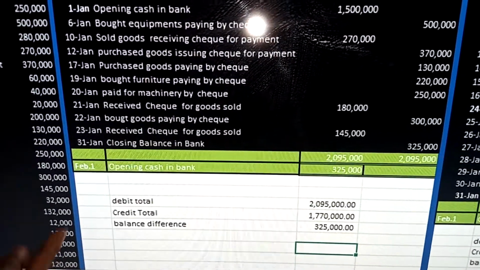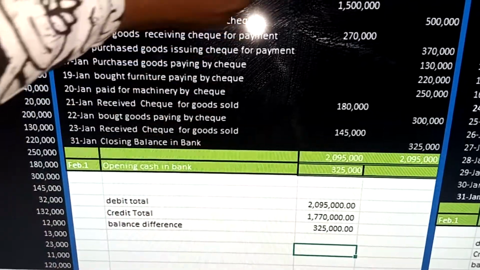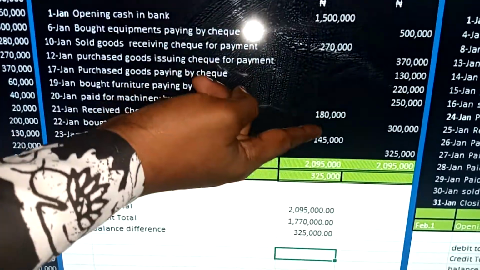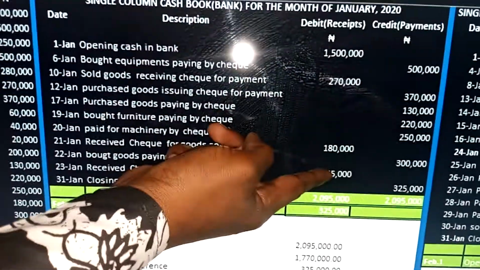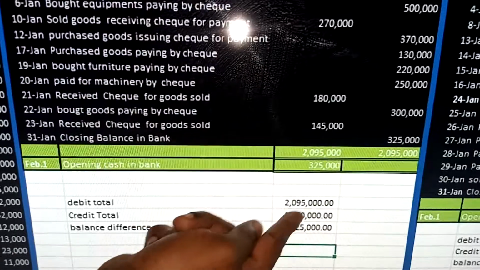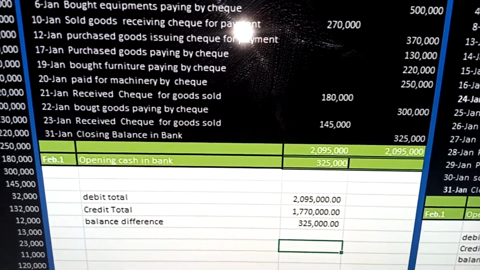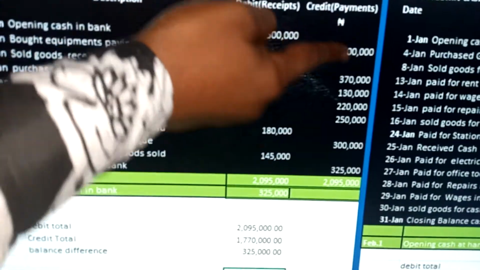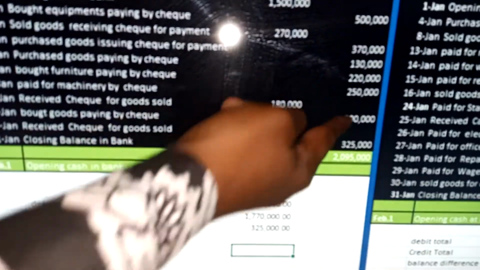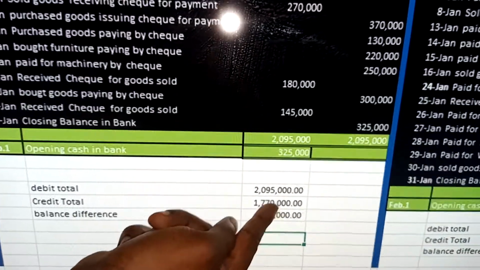The summary here, you can see the debit total, which is all the transactions posted to the debit side. It is 2,095,000. Then the credit side, all the transactions from here to here is 1,770,000.